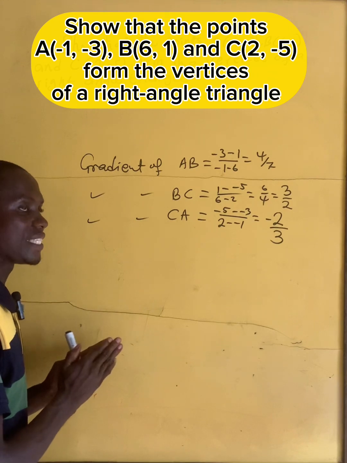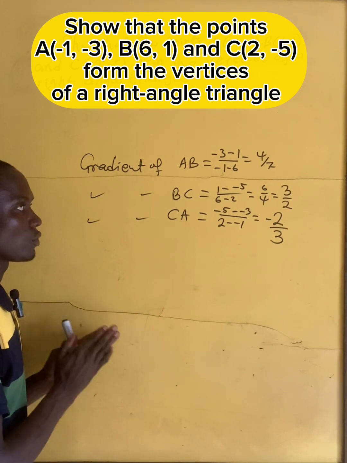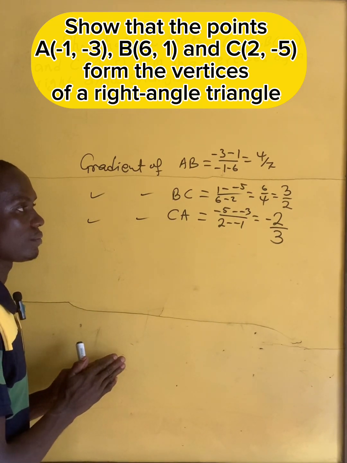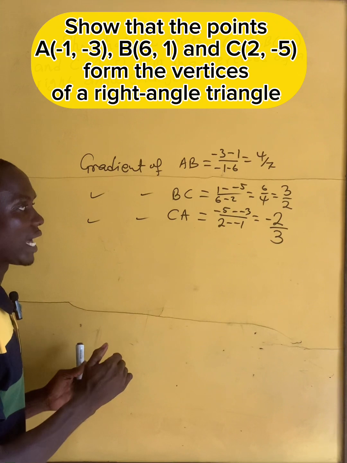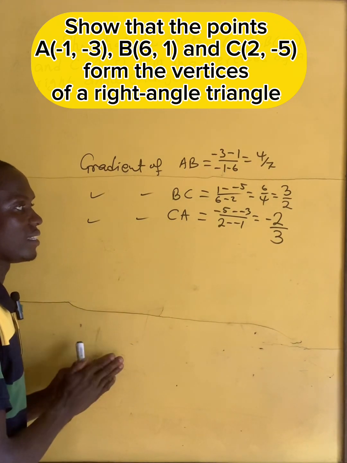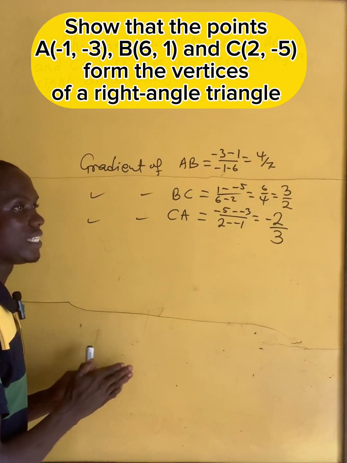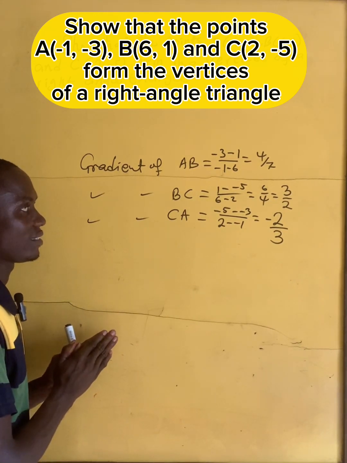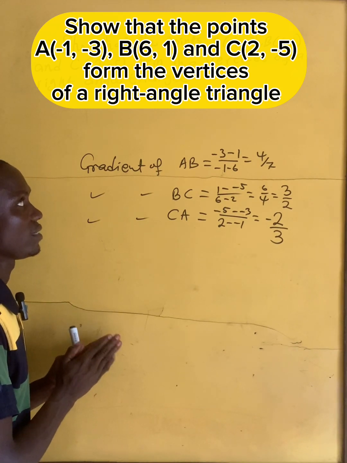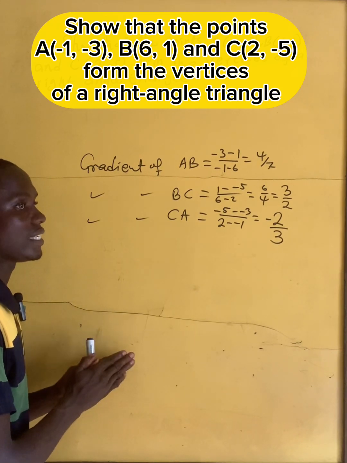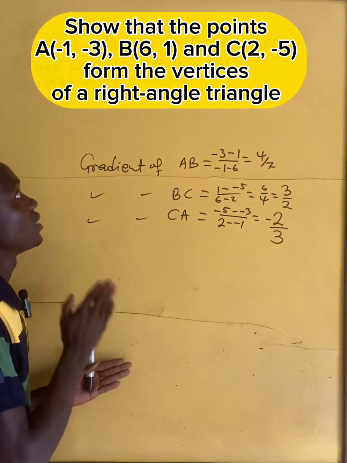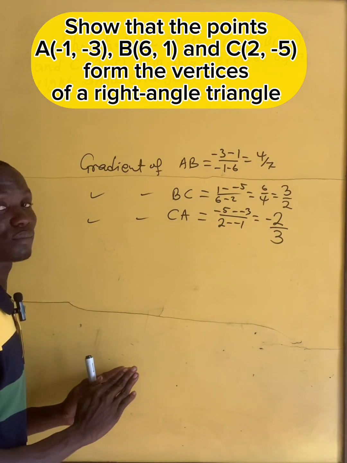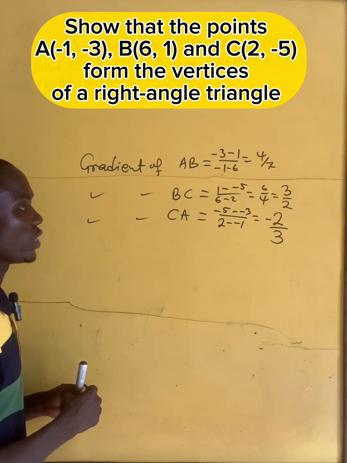Or we can say that since the gradient of line BC is the negative reciprocal of the gradient of line CA, line BC and line CA are perpendicular to each other. Hence, the points A, B, and C form the vertices of a right-angled triangle in a very simple way.